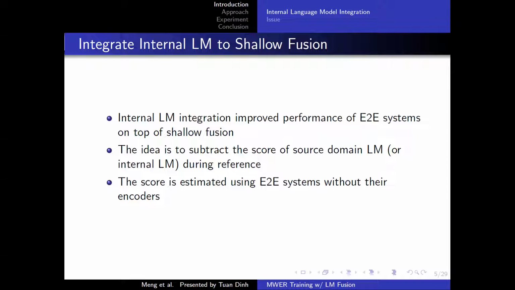The idea of internal language model integration is to subtract the score of the internal language model during inference. In other words, we further reduce the effect of the source domain when adapting to the target domain. In general, the internal language model probability is estimated using end-to-end models without their encoder.